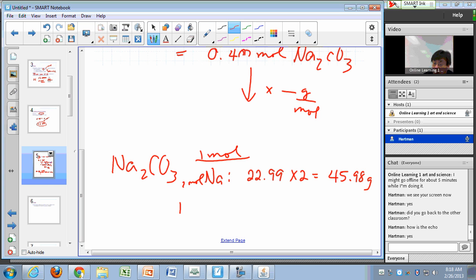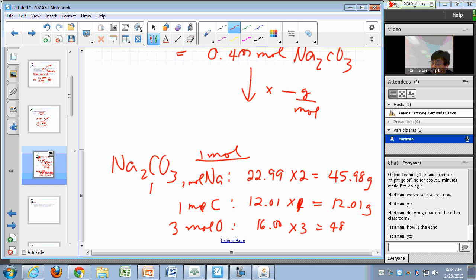It's going to have 1 mole of carbon. And if you check your periodic table, a mole of carbon is 12.01 grams. So times 1, you got 1 mole of carbon, so that's 12.01 grams. And if you have 3 moles of oxygen, so 16.00 grams per mole times 3 moles, that's 48.00 grams of oxygen.